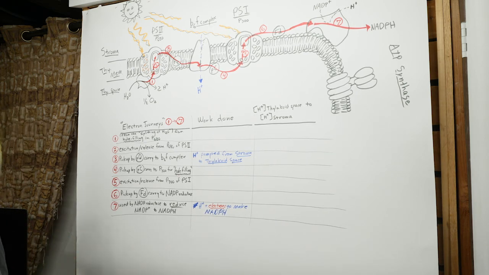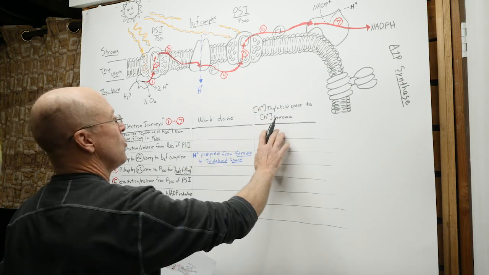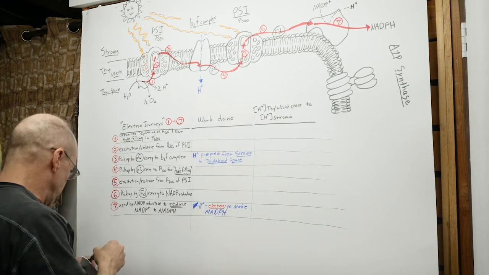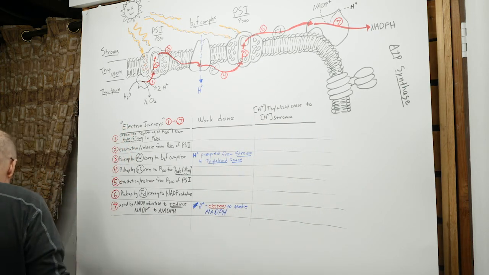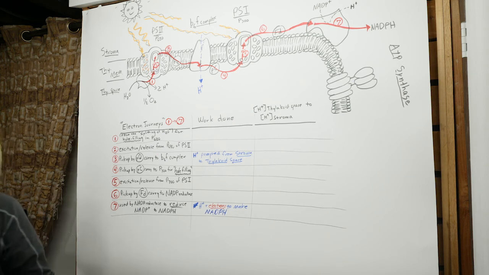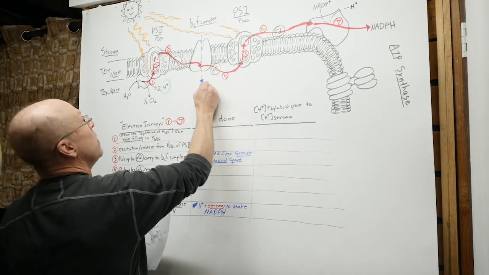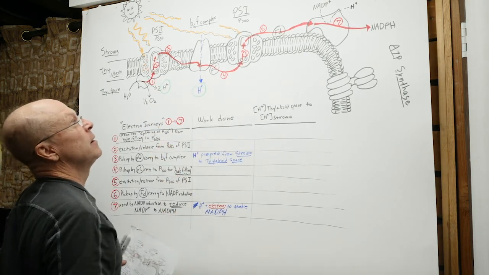The next part of our story is to identify what happens over here regarding H+ concentration. So let's take a look at H+ concentration. We've got H plus here. We've got H plus here.